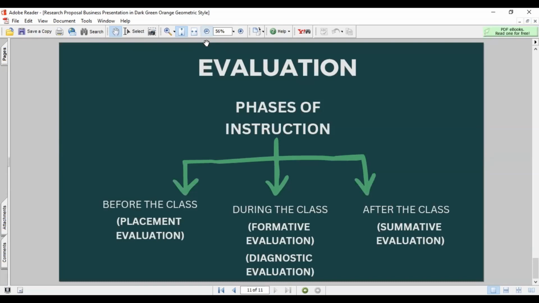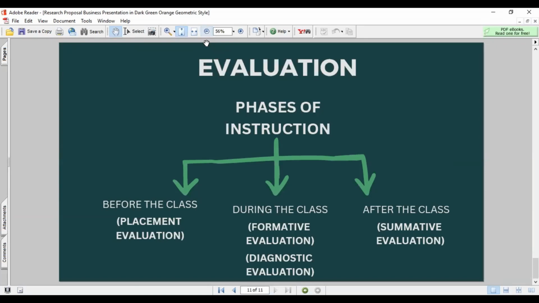So, based on that, there are certain phases of instruction which we need to discuss here to go forward with the understanding of evaluation. So, before the class, as I was telling you, before entering the class, you need to check whether the student or the learner has certain prior knowledge, or what knowledge base the students already have.